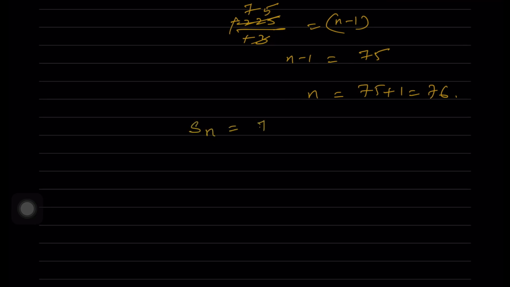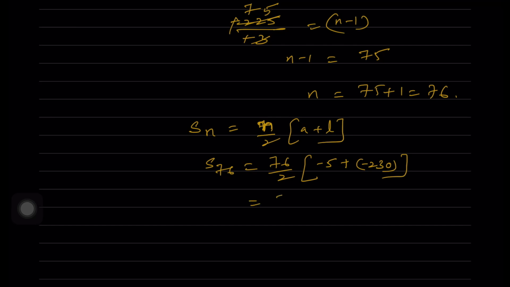So Sn is equal to, definitely we will get it negative because all are negatives. N by 2 into a plus L, we are taking this formula. So S76 is equal to 76 by 2 into, A is how much? Here we got A as minus 5 plus L is how much? Minus 230.